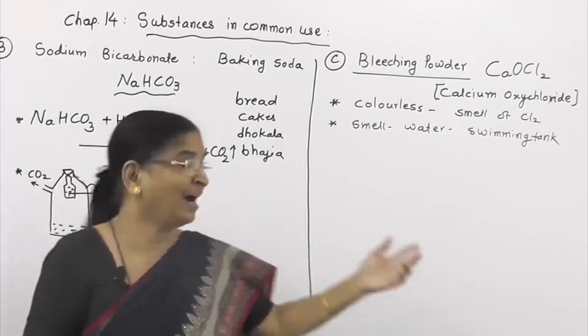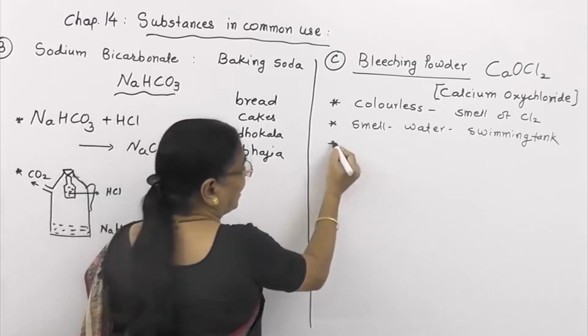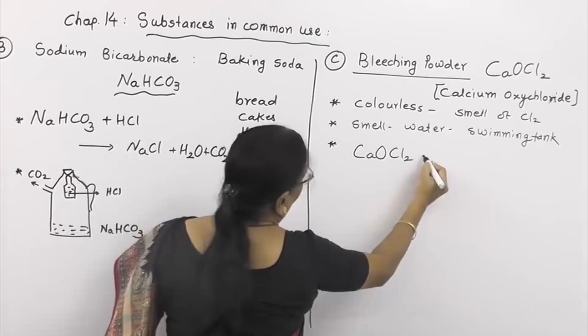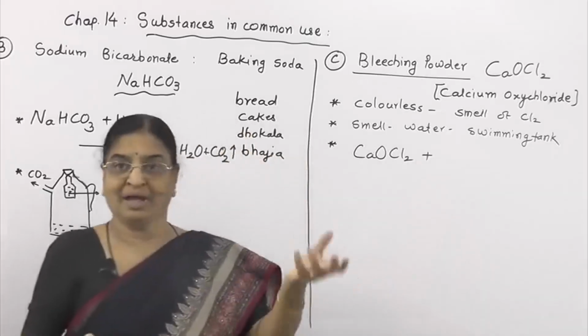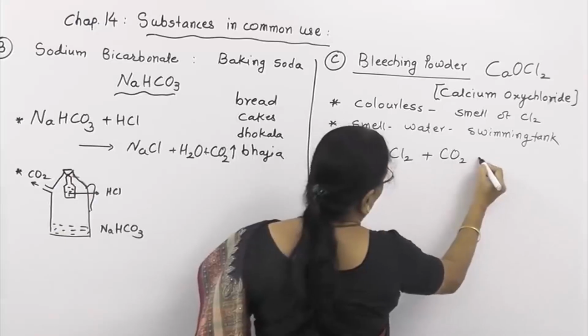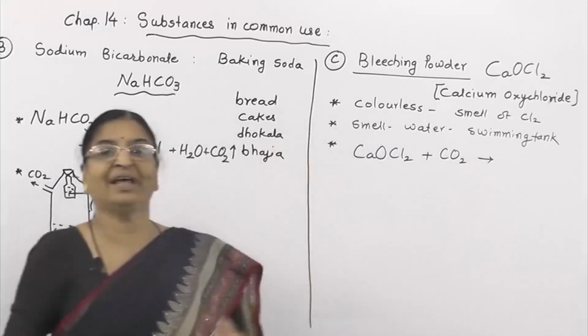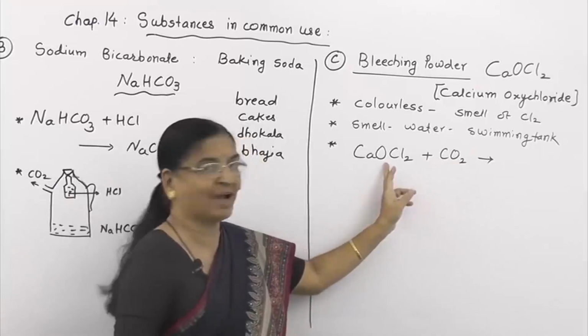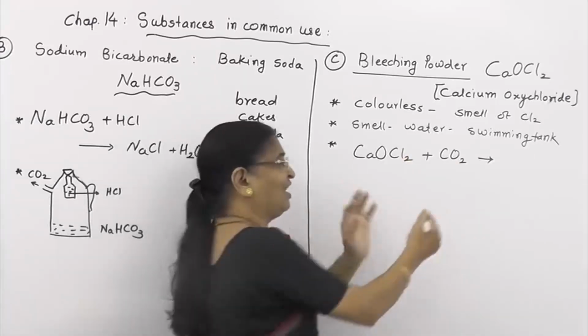And then, when it is kept open, one important thing is that the carbon dioxide from the air will react with it, and what will happen? See, when the calcium is reacting, it will form calcium carbonate and chlorine will go out.